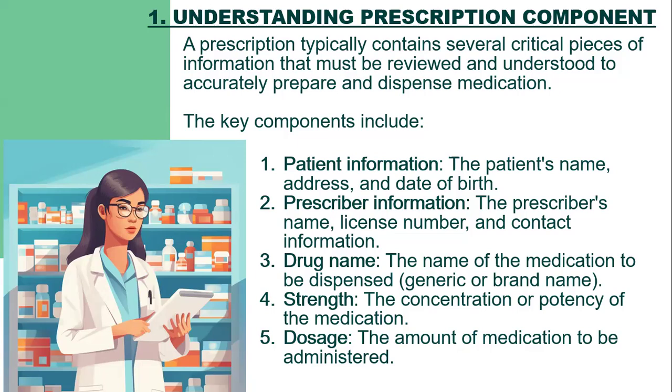All right, so there are key components that we have to note when we are talking about prescription. The patient's information is very important. Let's not just do it blindly. Let's get it right, the proper way that it's supposed to be. What's the patient's name? What's the address? What's the date of birth?